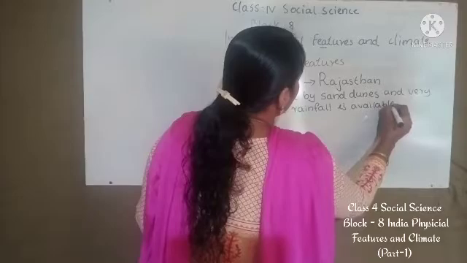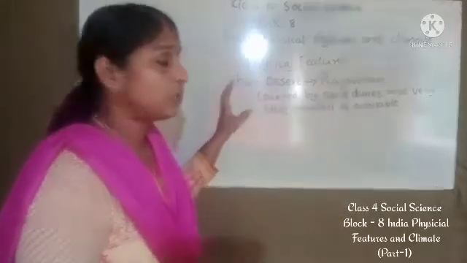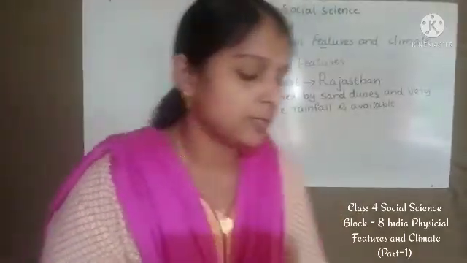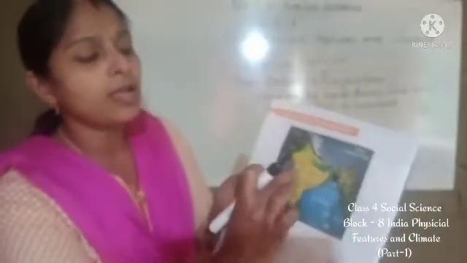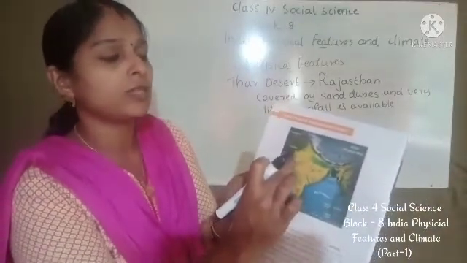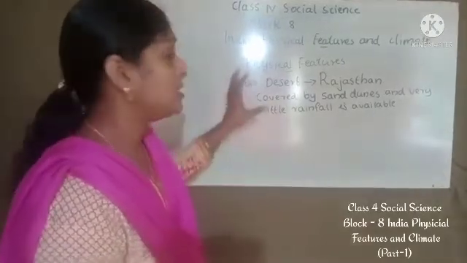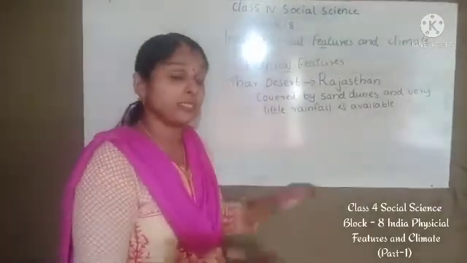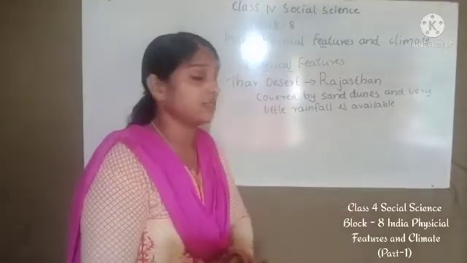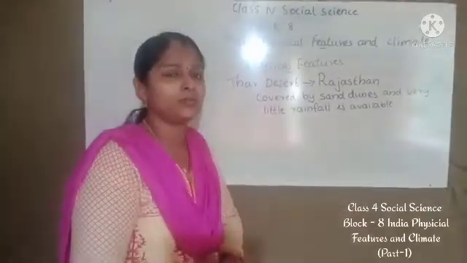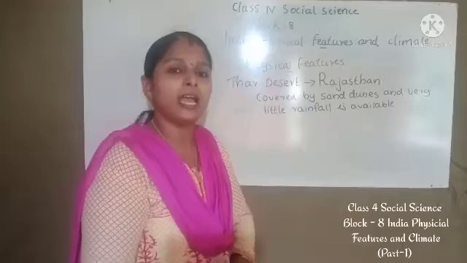So where is the desert? It is situated in Rajasthan and some part of Gujarat also. It is covered by sand dunes. It is sandy land only, isn't it? Very little rainfall is available.